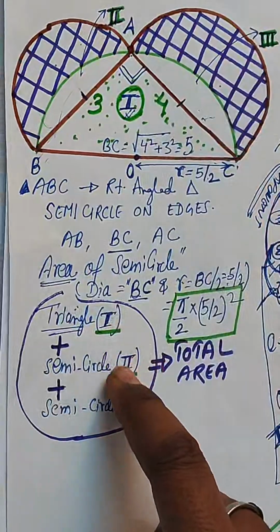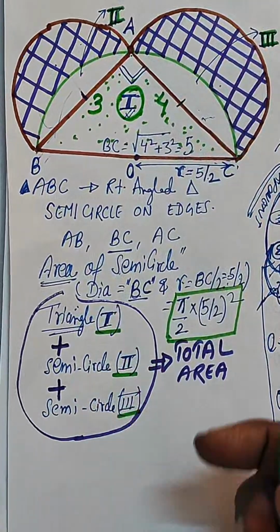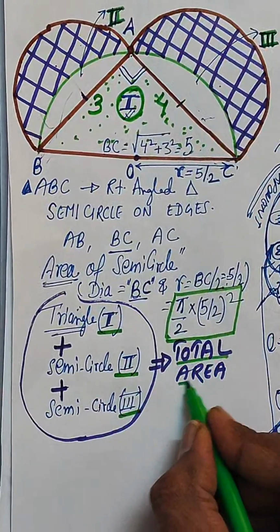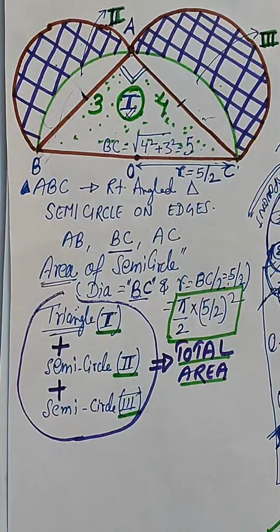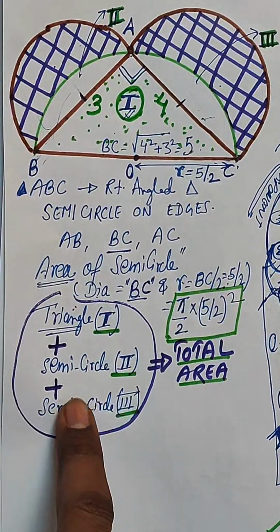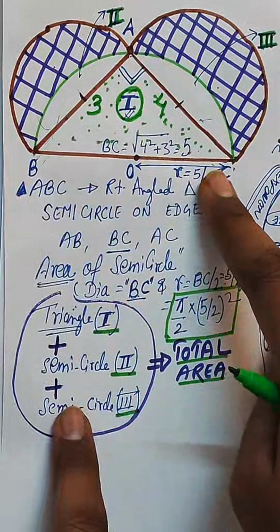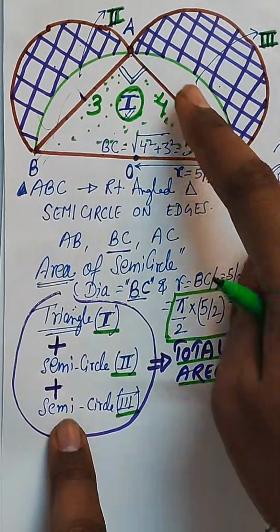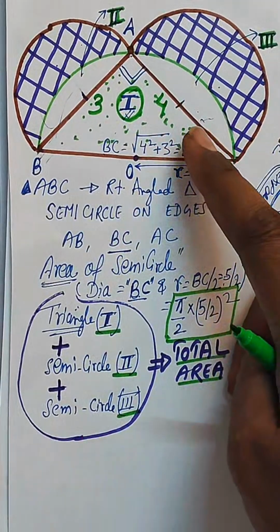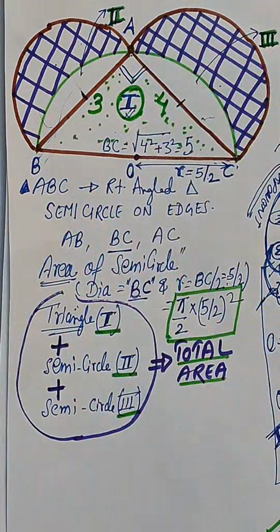That means all these three areas will add together, and this will give you the total area, isn't it? Tell me, my dear friends. If this total area is calculated, and from this, the area of the semicircle, which is built upon the hypotenuse BC, if that area is subtracted, you get the area of the shaded region, right?